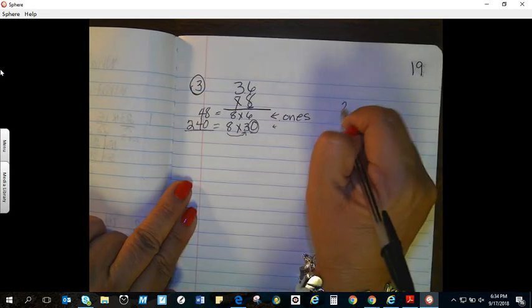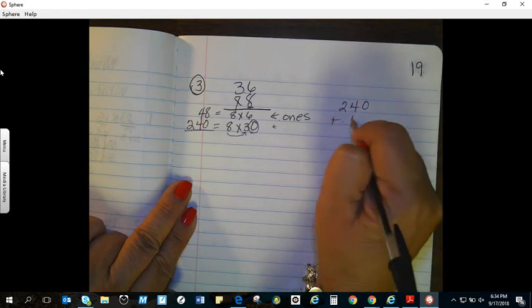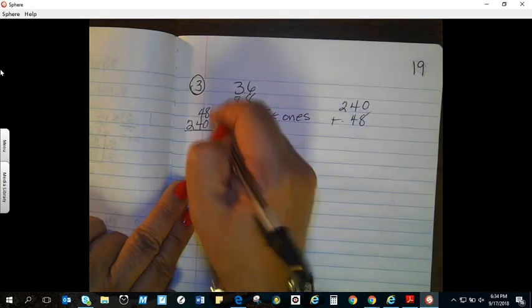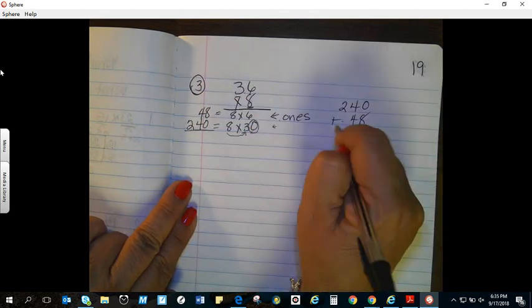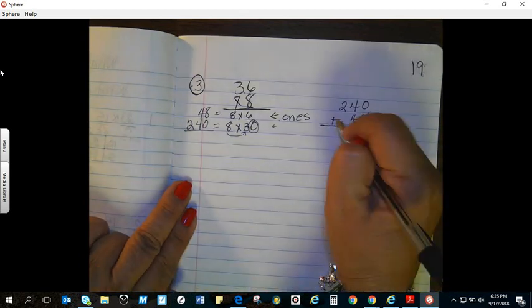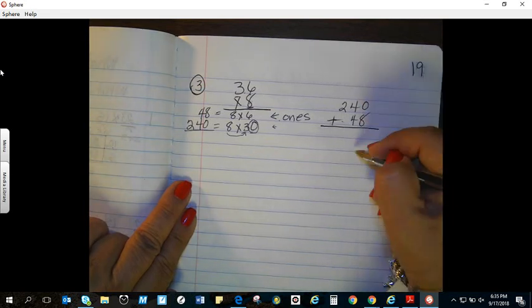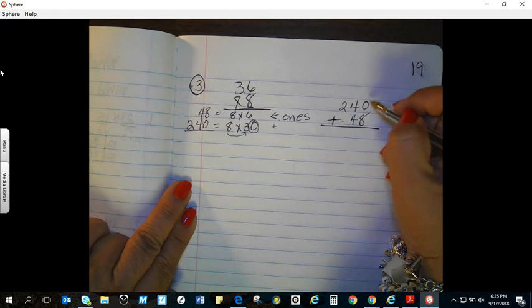Now I can add those up. So again, I'm going to put 240 plus 48. I could add straight down like this. That's not a problem. Or you can do it like this. If you're still struggling with addition, my suggestion is to strongly do it this way, where you have the largest to the smallest, so the greatest to the least.